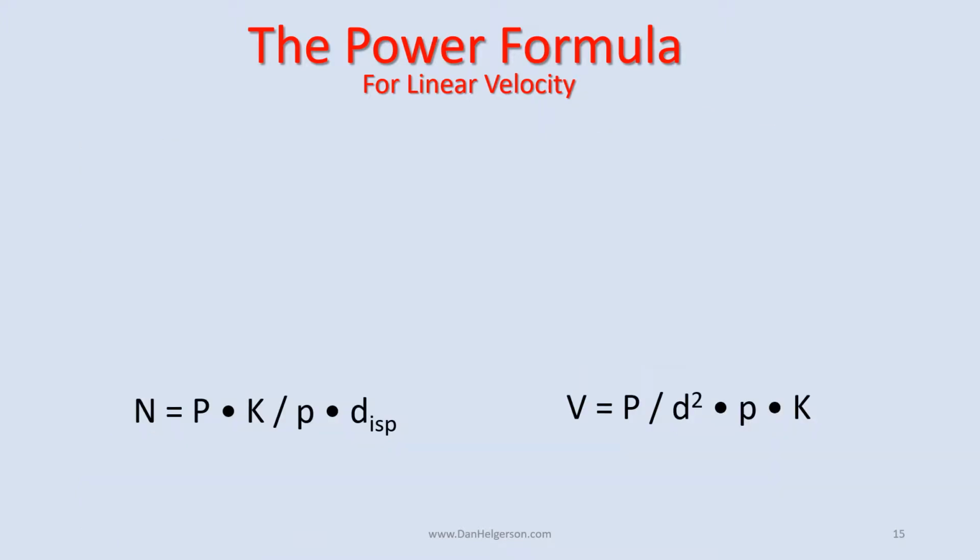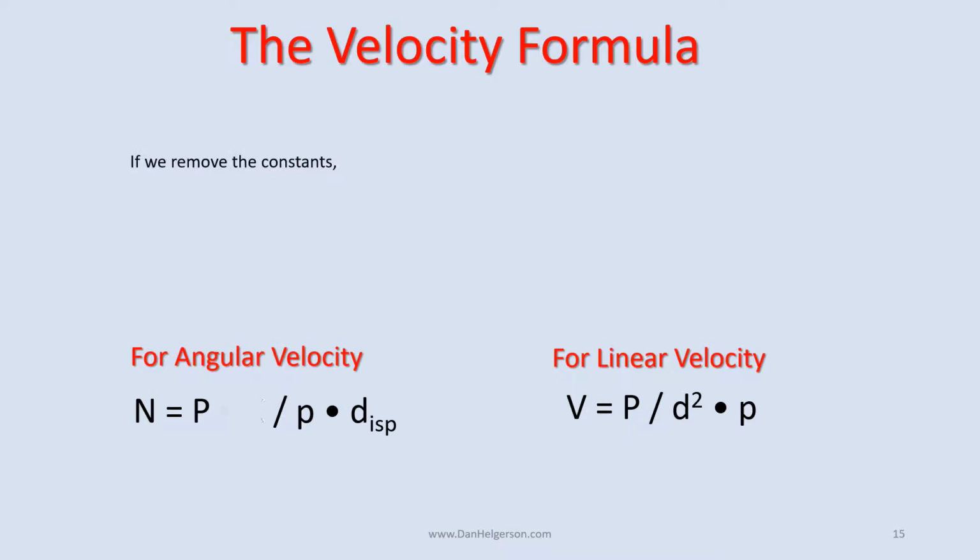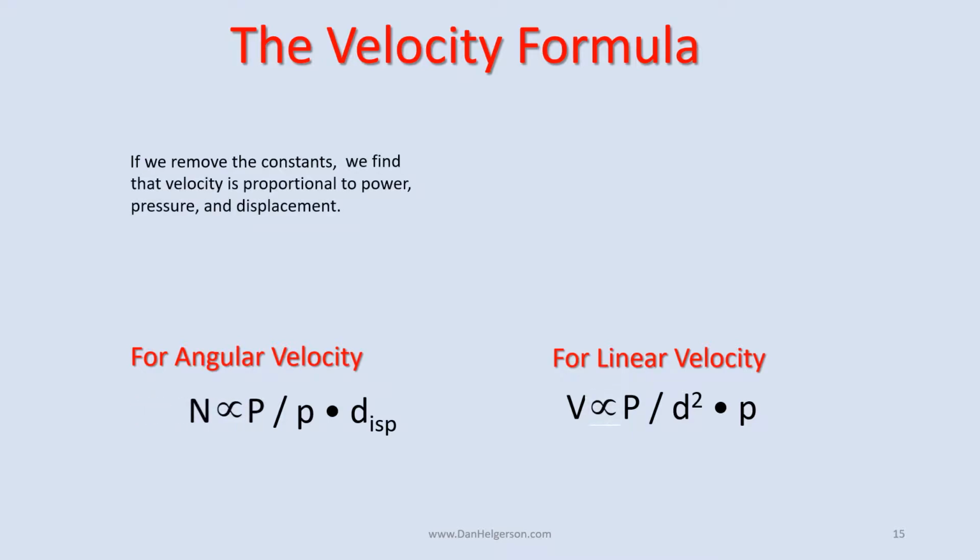We will now refer to our power formula as our velocity formula, and we will look at it for both angular and linear velocity to see what we can learn. If we remove the constants, we find that velocity is proportional to power, pressure, and displacement.